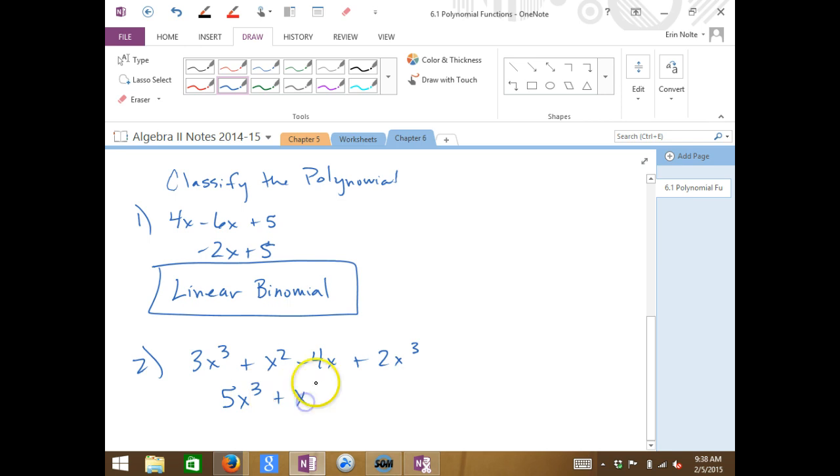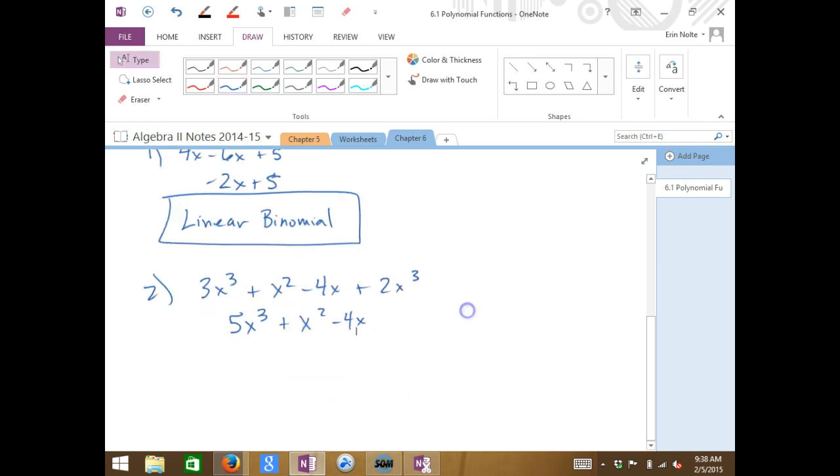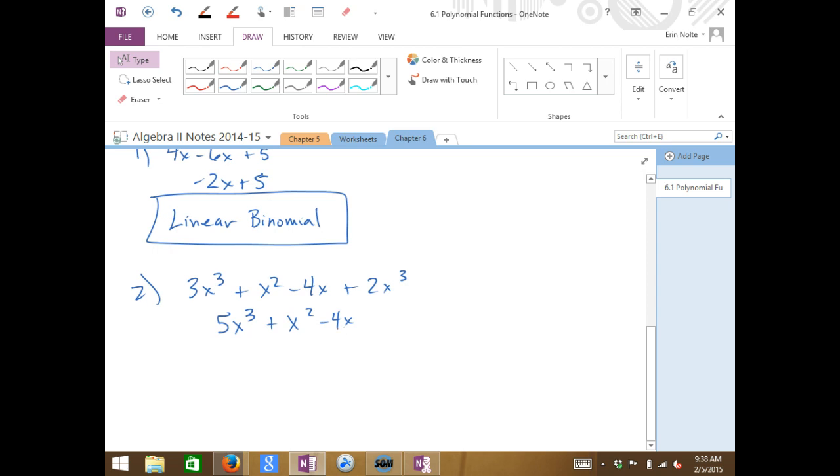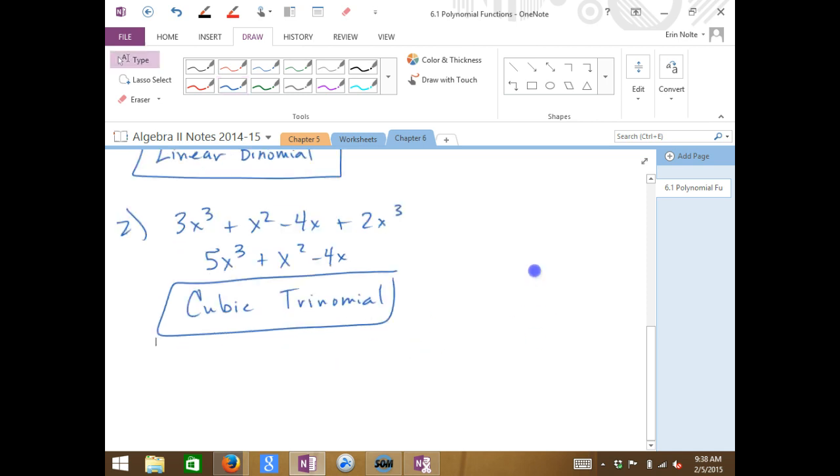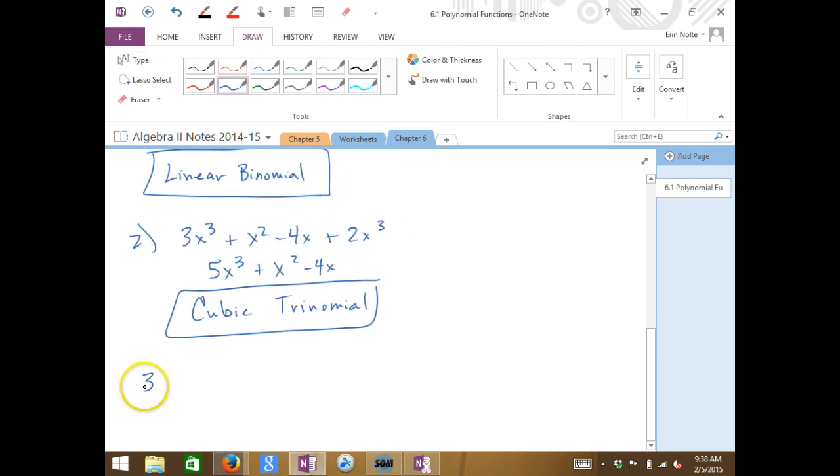So then I have plus x squared minus 4x. To classify this, my biggest exponent is a cubic. So I have a cubic trinomial. Good. One more? One more just for funsies.